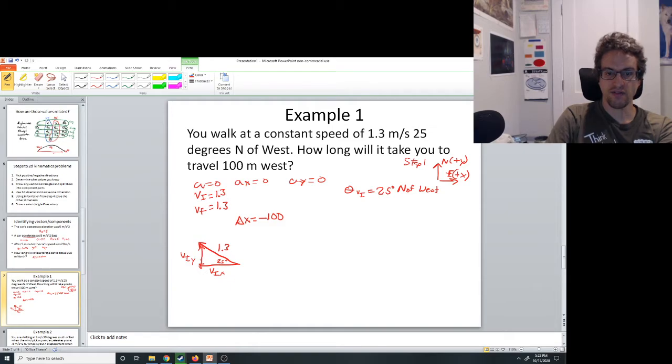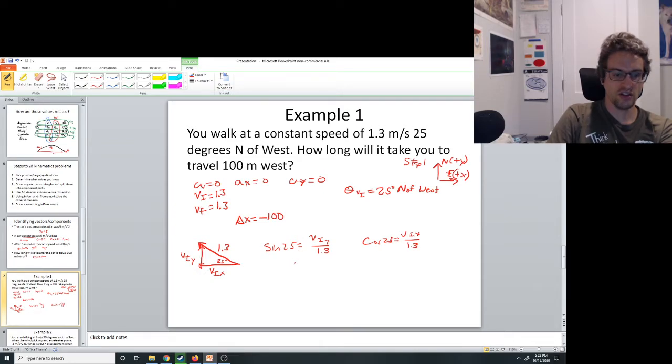I can get v initial x and v initial y using sine and cosine. Sine is opposite over hypotenuse, so sine of 25 equals v initial y over 1.3, and cosine of 25 equals v initial x over 1.3.